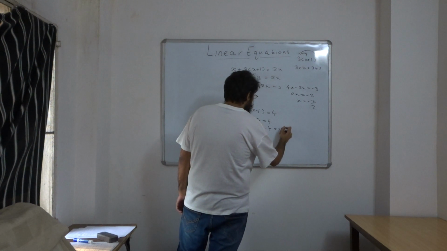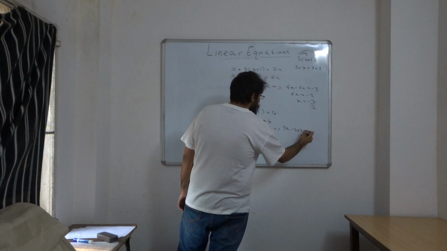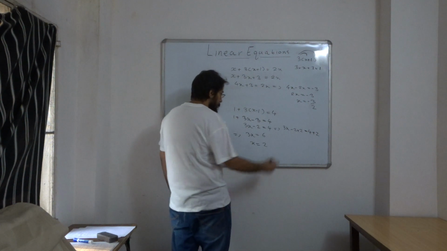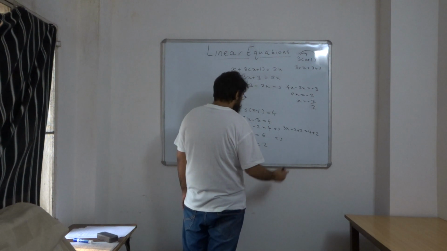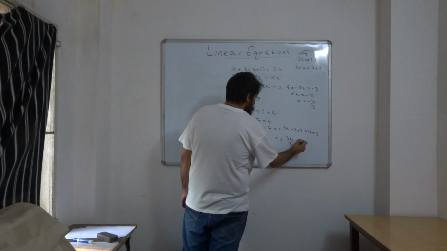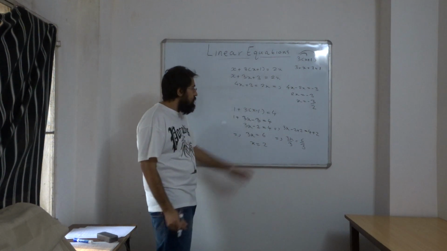Okay, so let me just show you. Negative 2 plus 2 equals 4 plus 2, okay? And then here you have, okay? And then x equals 2.